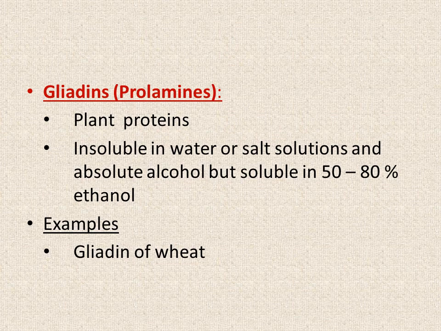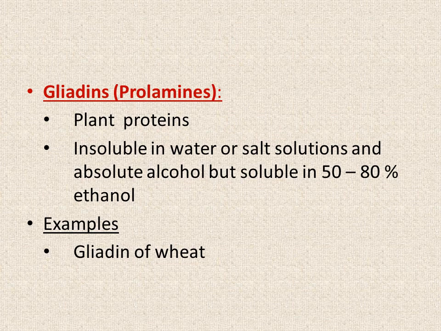Another type of simple proteins are prolamines, also known as gliadins, and these are basically plant proteins which are insoluble in water or salt solutions and also in 100% alcohol, but they are soluble in 50 to 80% ethanol solution.